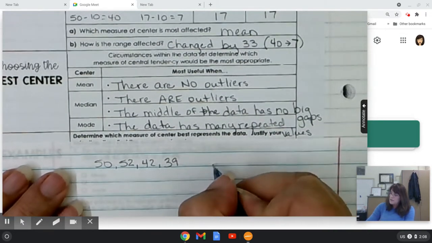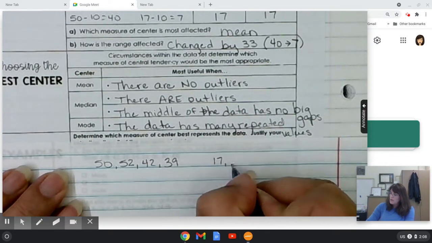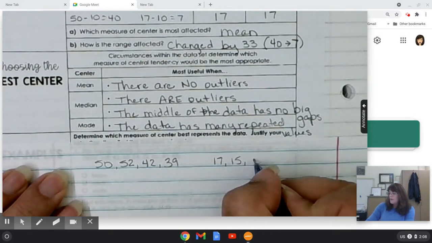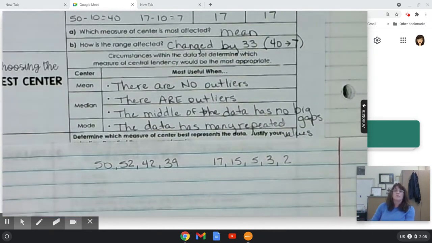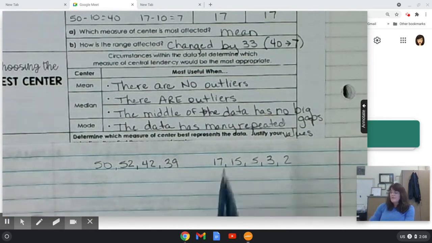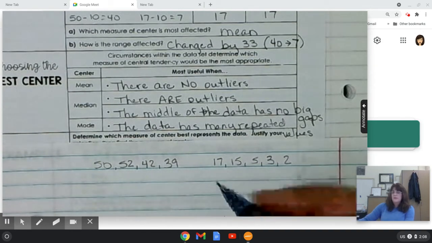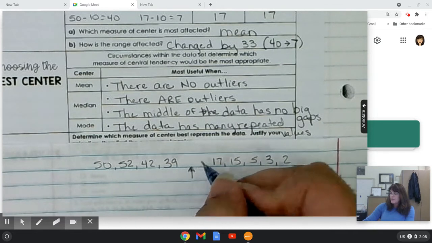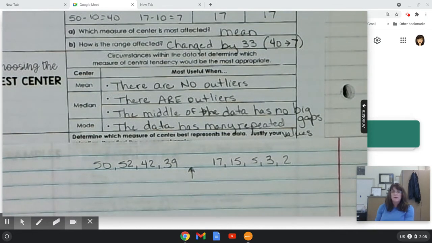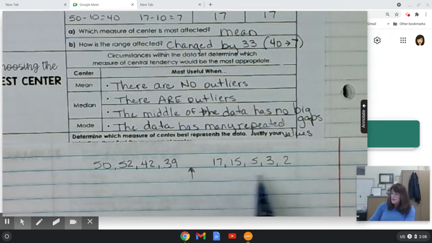And then there's a 17-year-old and a 15-year-old and a 5-year-old and a 3-year-old and a 2-year-old. If I found the average of that, it's going to tell me that the average person at that dinner table is like in their 20s. There are no people in their 20s. It's adults and a bunch of kids.